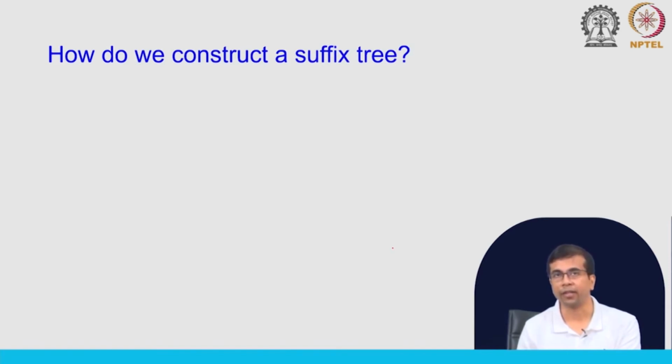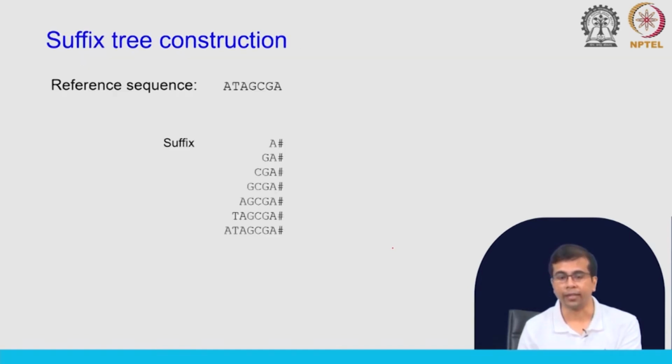So, how do you construct a suffix tree? We will see this process in a moment. Let us take this reference sequence, and these are all the suffixes that are possible from it. I have just added a hash at the end because it denotes the end of the string. We can have them as the leaves, and that says this is the end of the path and we cannot go beyond that.